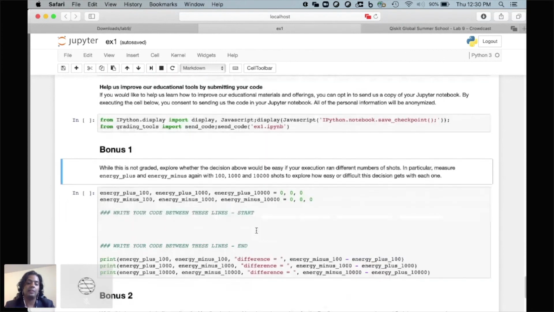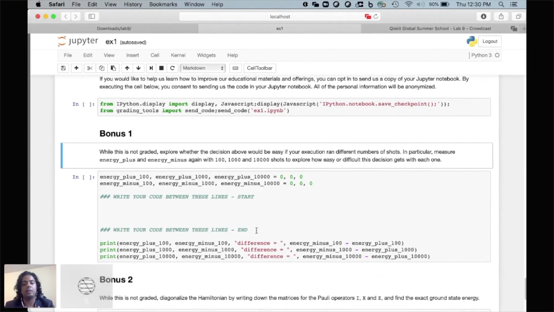This is also an important step to appreciate how the number of shots is a very important aspect of the success of a VQE.